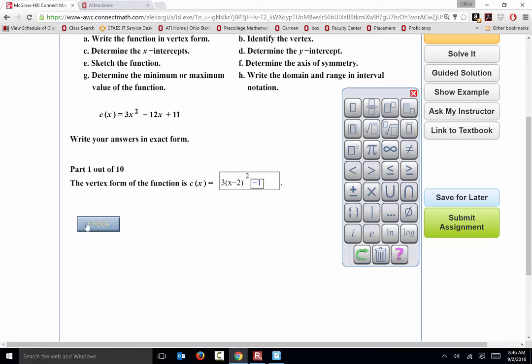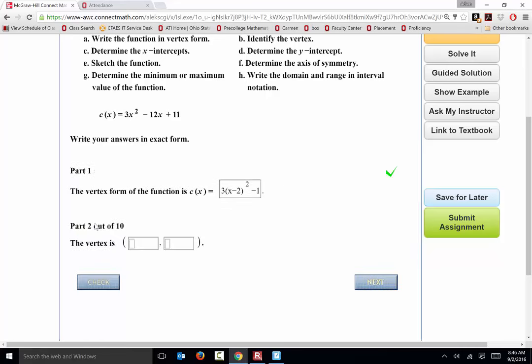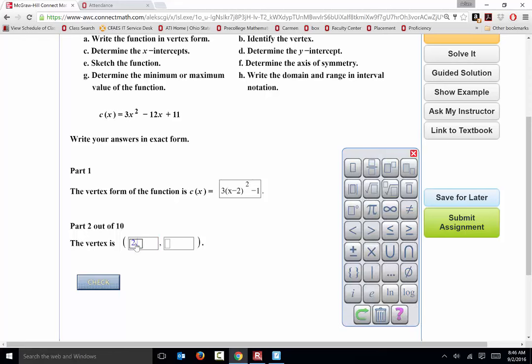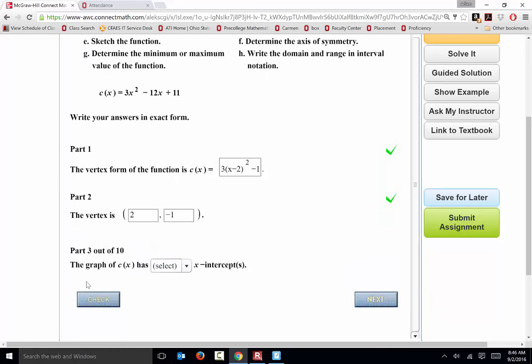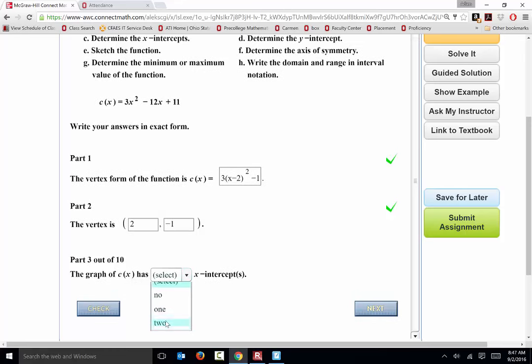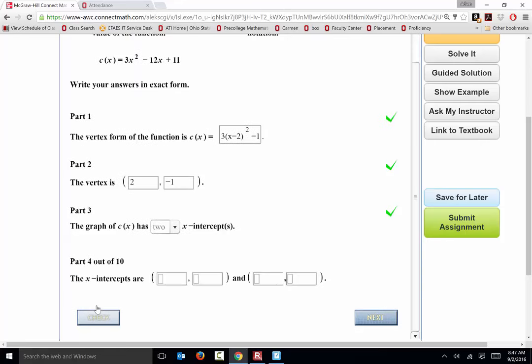Right? Now the vertex goes here, 2 comma -1. It has how many x-intercepts? 2 again. Sometimes you may have no x-intercept if the vertex is up in the first quadrant.